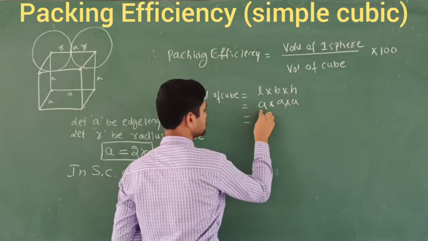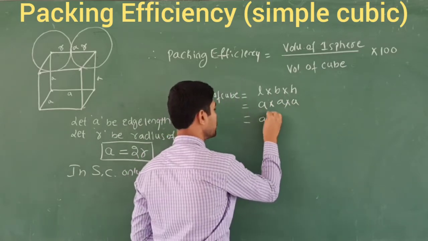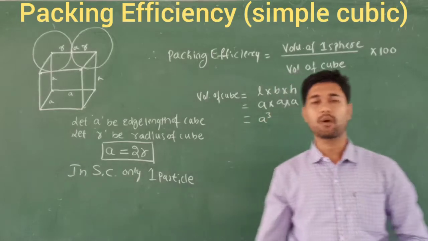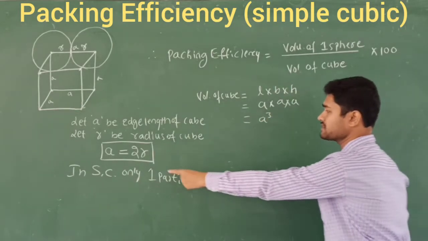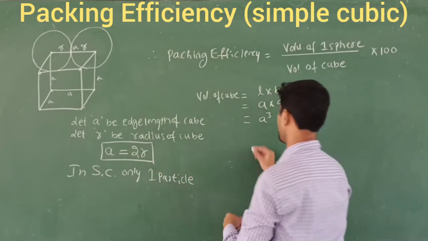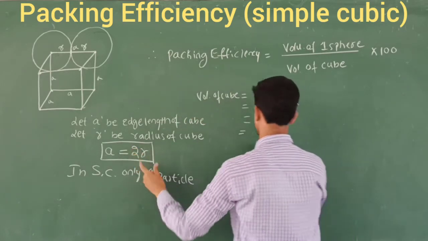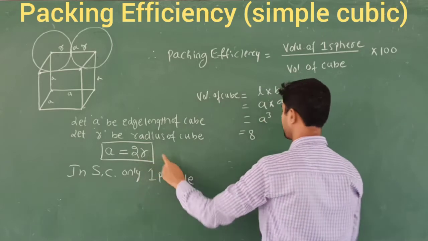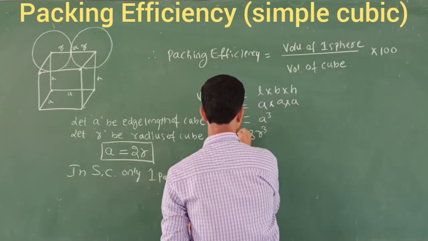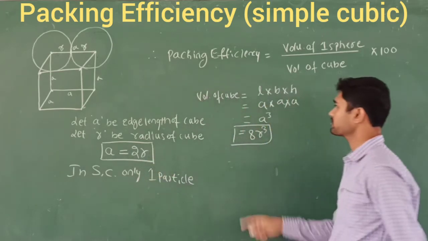So that is 3 times a, that is a cube. The volume of the cube is equal to a cube. And what is a, you know? a is equal to 2r. I am going to cube this one. So 2 cube is 8, and r becomes r cube. So like this, we got the volume of the cube.